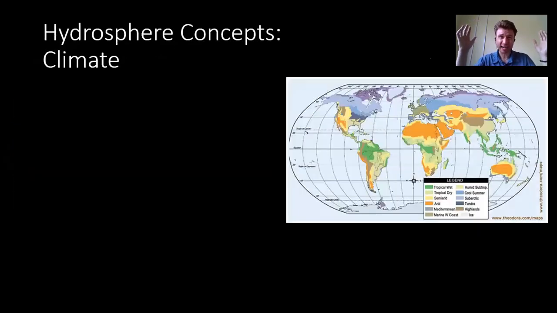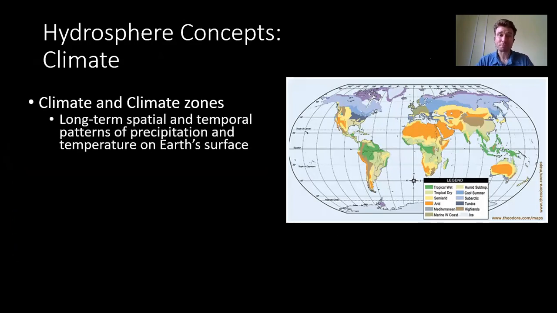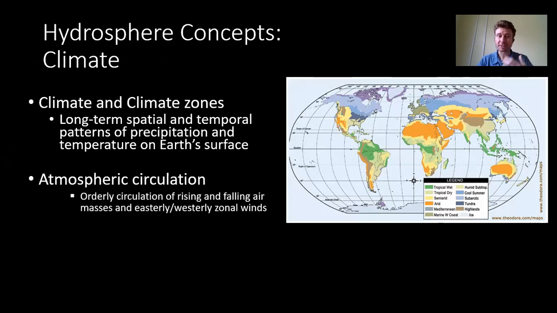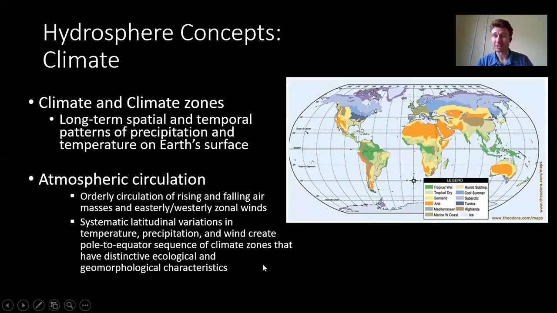Big overarching hydrosphere concepts that you need to keep considering are climate, right? Climate and climate zones. Those long-term spatial and temporal patterns of precipitation and temperature across the Earth's surface. We need to talk about atmospheric circulation, talking about the orderly circulation of rising air masses, easterly, westerly zones, all of these things that you've seen, and our variations in temperature, precipitation, wind, that lead to these distinct ecological and geomorphological characteristics.